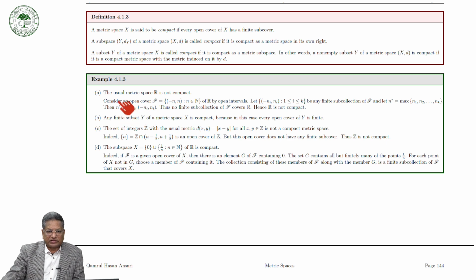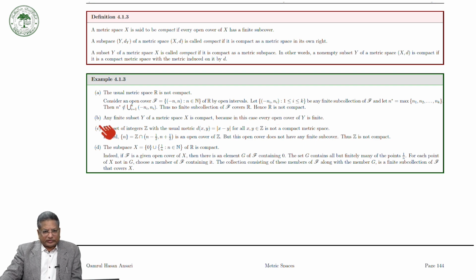It means that this family does not cover the whole space R, and so no finite subcollection of F covers R, and hence R is not compact.